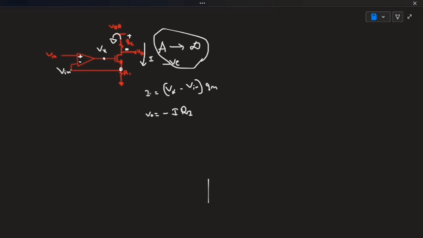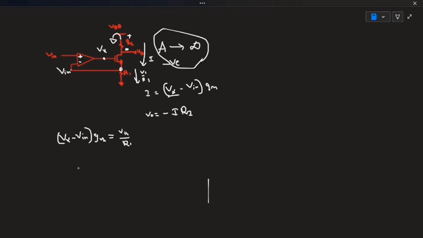Now let's try to get this I in terms of Vn and the other quantities, so we need to remove Vx. To remove that, we can say that the current flowing here will be Vn divided by R1. The same I current is Vn divided by R1. So we can equate both, like (Vx minus Vn) into Gm can be equated to Vn divided by R1.